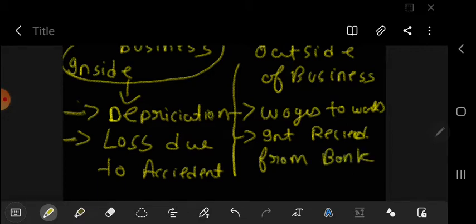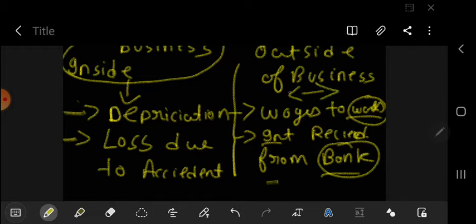Okay, so wages will always be paid to the workers, interest will be received from the bank. So the bank is an outside party, the worker is an outside party. Here we give the amount, and here we receive the amount. Okay, wages will be paid, so we will give the cash, and interest is received, so we will earn the income. Okay, so these are examples of the transactions which happen outside and we record them in our balance sheet or accountancy.